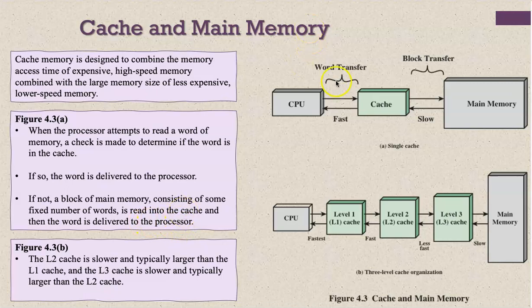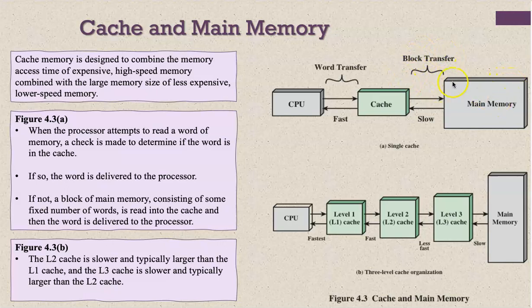Okay, so first the processor is asking, hey cache, do you have the data that I want to read? The cache looks and responds really fast: oh, I don't have it, for example. And then the cache will transfer this request to the main memory. The main memory will respond by not giving just the word that the CPU wants to read. However, it will transfer a whole entire block containing the word that the CPU wants to read.